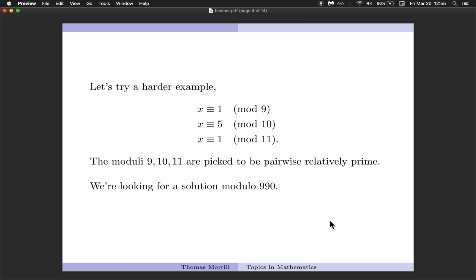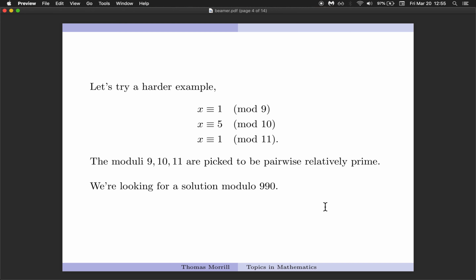Any two of these numbers are going to be relatively prime. 9 and 10 are relatively prime. 11 is itself a prime number, so I know that 9 and 11 are relatively prime. 10 and 11 are relatively prime. And the solution that I'm going to find will be some residue modulo the product of all three of these numbers. So the solution will be defined up to integers modulo 990.